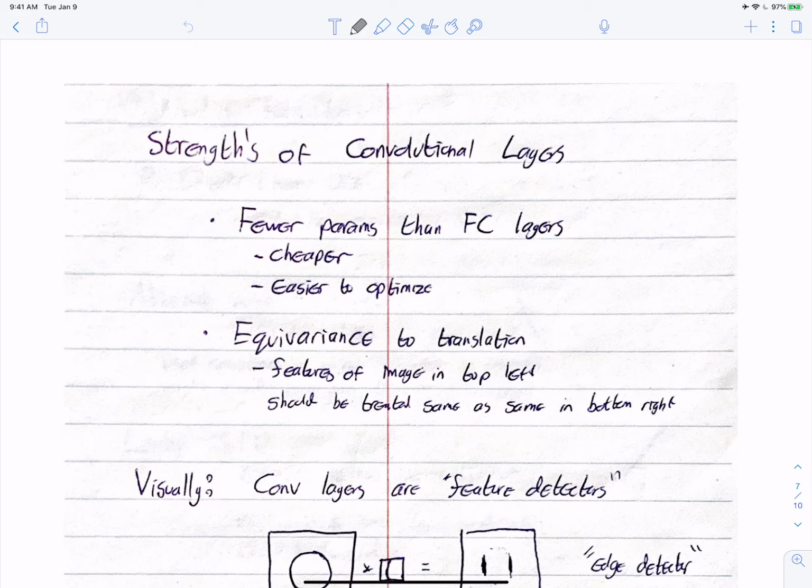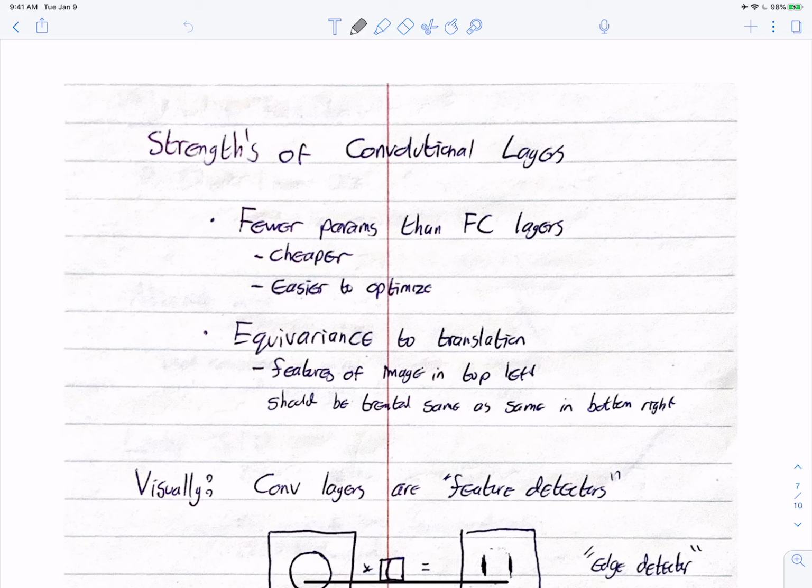But there are other conceptual strengths based on what we understand about how images work. One of these strengths is equivariance to translation. Roughly speaking, any feature of an image, if it's in the top left, should be treated the same if it's in the bottom right.